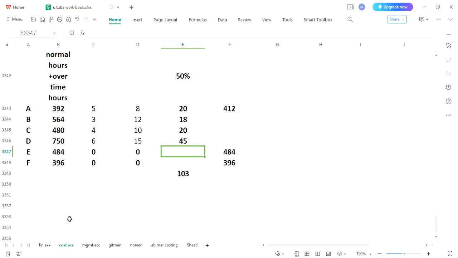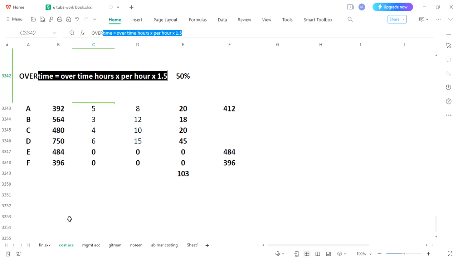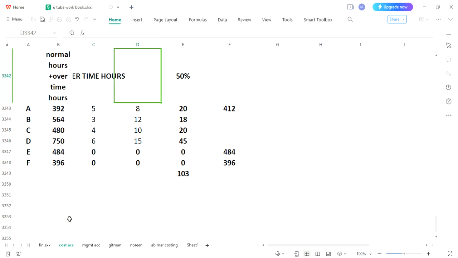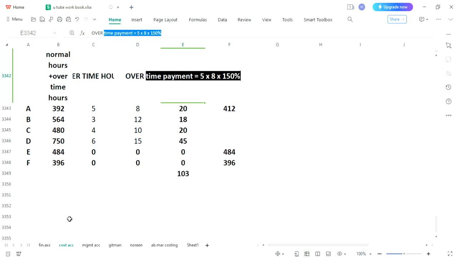Overtime is nothing here. What is this? Overtime hours, and then we have per hour, and this is overtime payment.